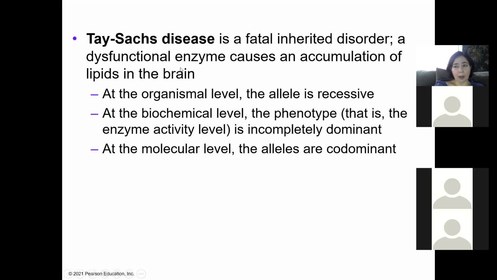But if you have the recessive gene, if you're a carrier, it's incompletely dominant on the biochemical level, okay? At the molecular level, alleles are codominant, which basically indicates both examples of incomplete dominance and codominance.